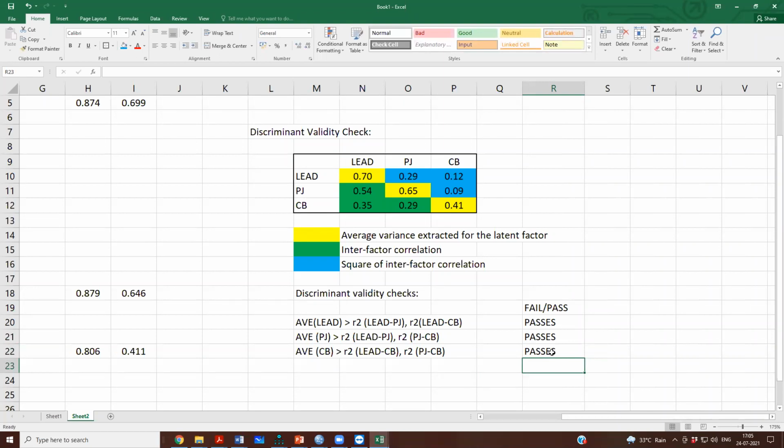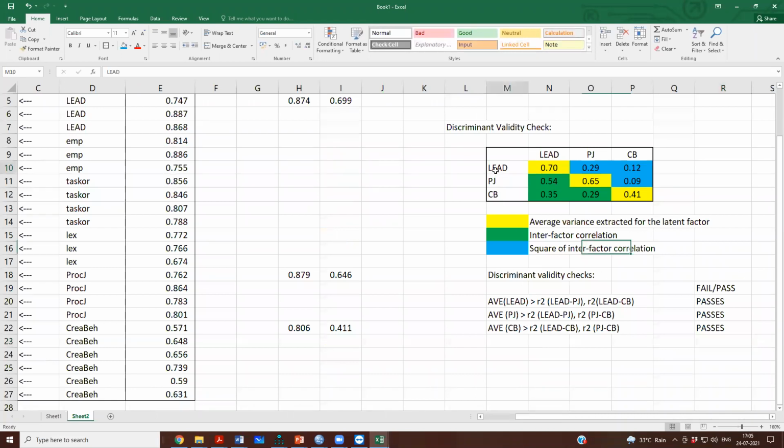Thus, what we can conclude from this analysis is that the three constructs are discriminant from each other. There's not much of an overlap. They are not similar constructs. They are three different constructs representing three different concepts, and therefore testing the path, what would be the relationship between these three constructs is going to make sense, right?